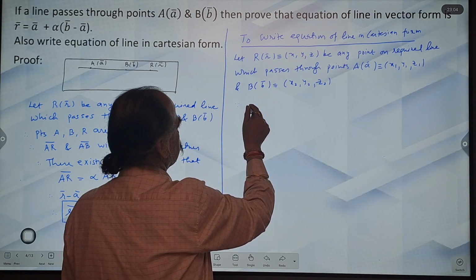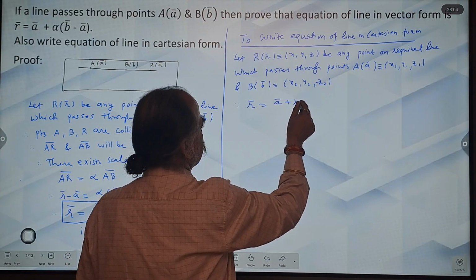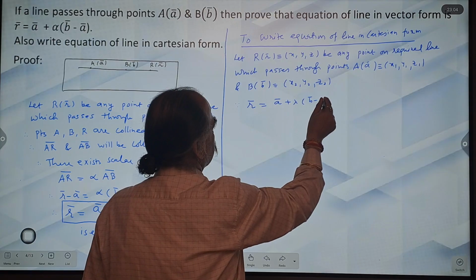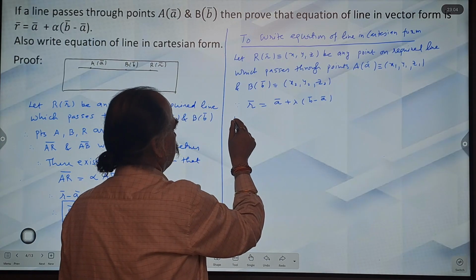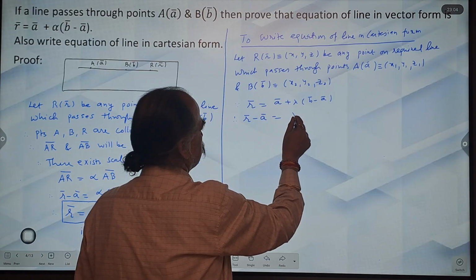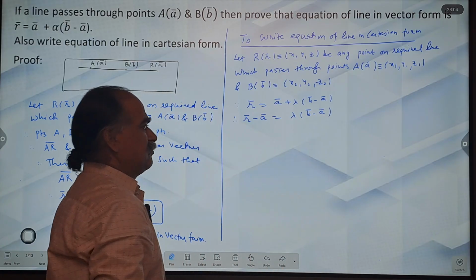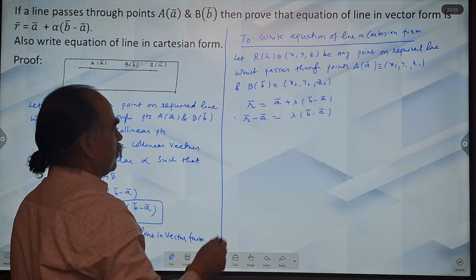Since R bar is what? So R bar minus A bar is what? Lambda times B bar minus A bar.